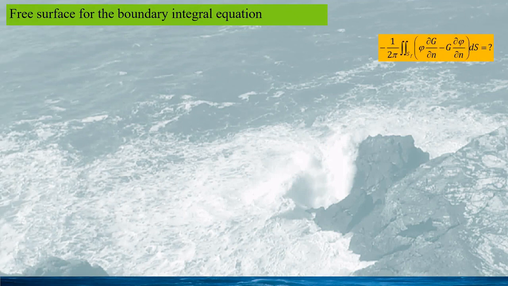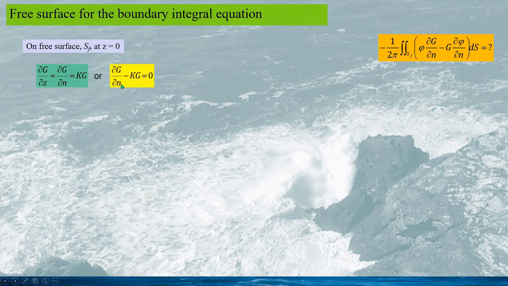In this slide, the surface integration on the free surface is examined. Since the chosen Green function G satisfies the free surface boundary condition automatically, which is given by this in the frequency domain, or we can write it as this.